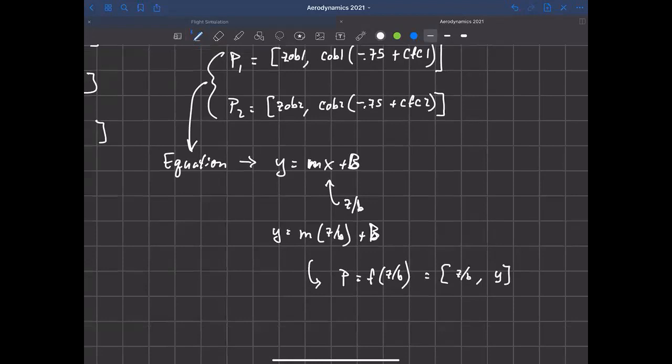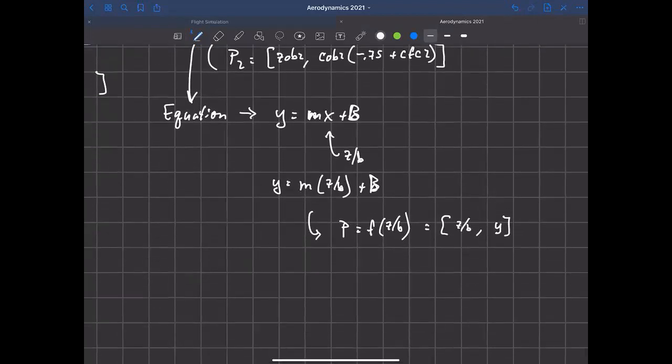So that y coordinate is related to CF over C somehow. And actually, it's related to CF over C just how we got it in the first place at the other locations. So we can use the same relationship with this new y value and solve for CF over C at that location.